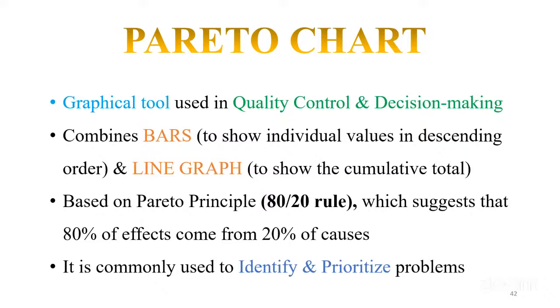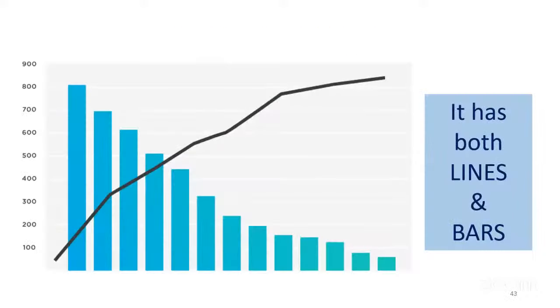It is commonly used to identify and prioritize problems. So this is how the graph looks, bars and lines. If you have a pictorial presentation of something, it is easy to remember. So this is the chart.